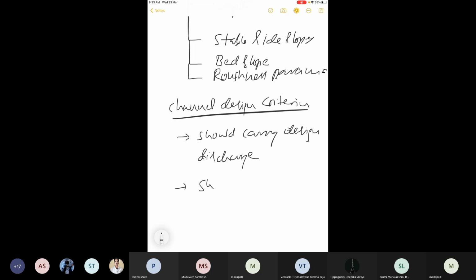It should have a stable slope. It should not collapse. And also the longitudinal side slopes are important, because that will help in avoiding scouring, silting, and all other things.